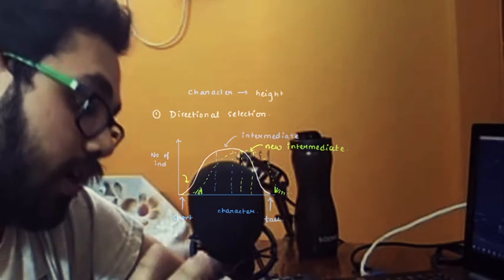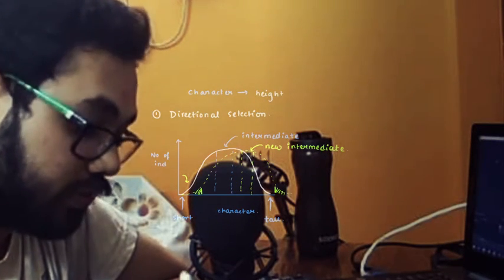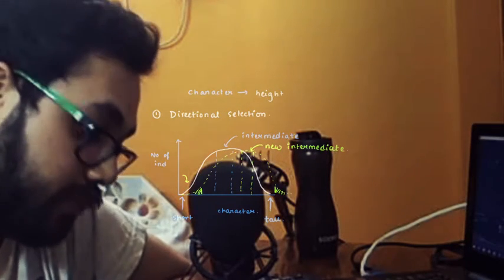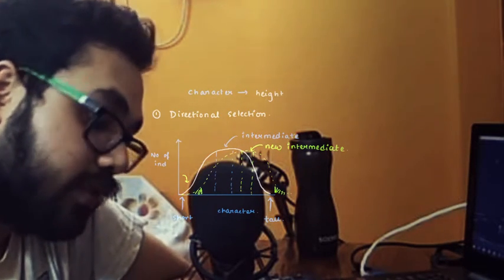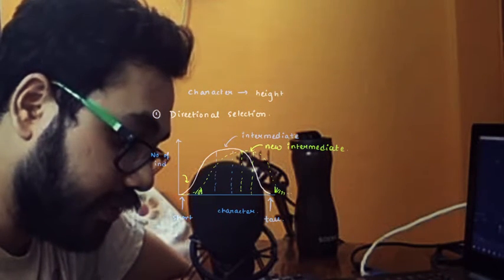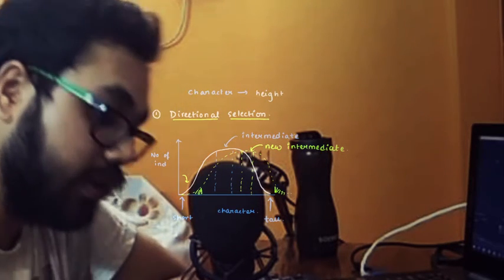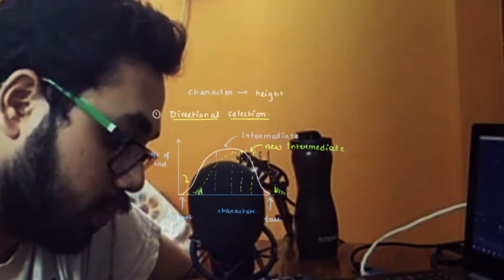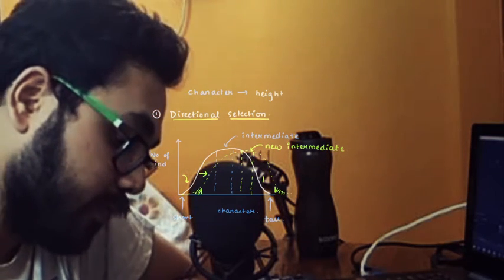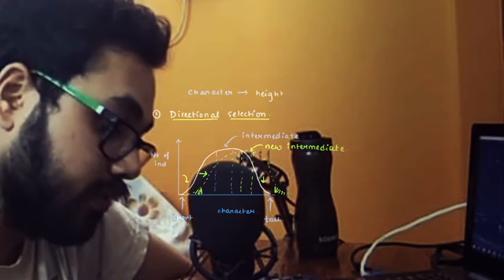This is going to occur when you have the selection only on one side, only on a particular extreme. It can be on either of the extremes but not together. If that happens, we call it directional selection. This is because the distribution is moving towards a particular direction. And if it would have been on this side, then it would have moved towards the other direction. So this is directional selection.